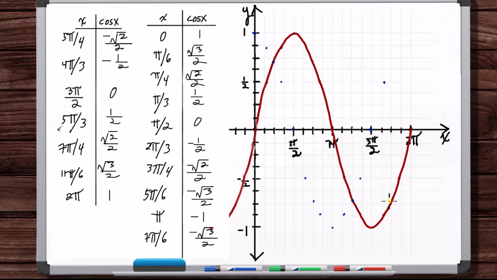Is that right? Or no, 7 pi over 4 is going to be halfway. So, and root 2 over 2, that's here. 11 pi over 6 is here, and that's root 3 over 2. And then 2 pi is 1. Okay, let's connect the dots.